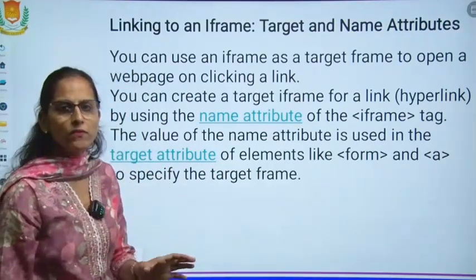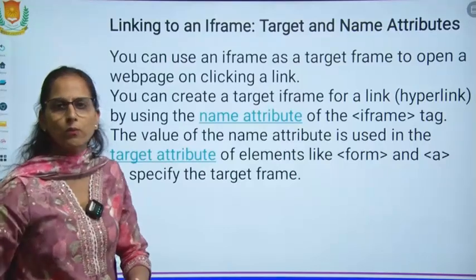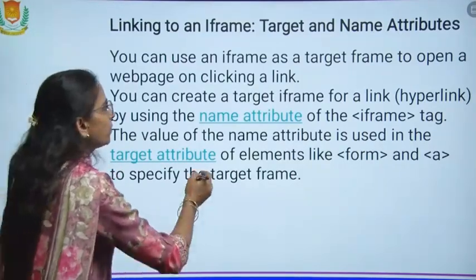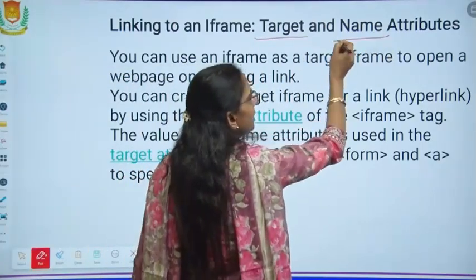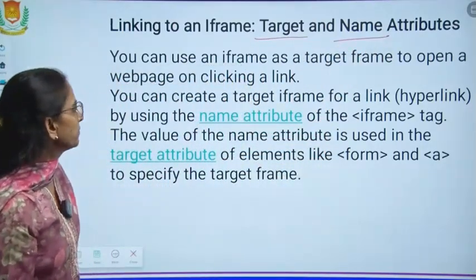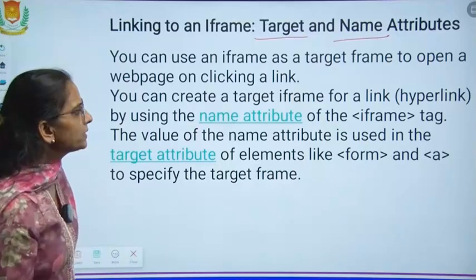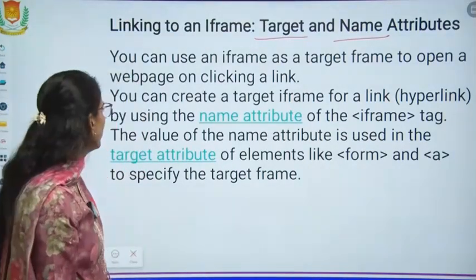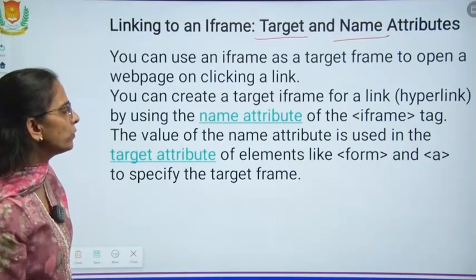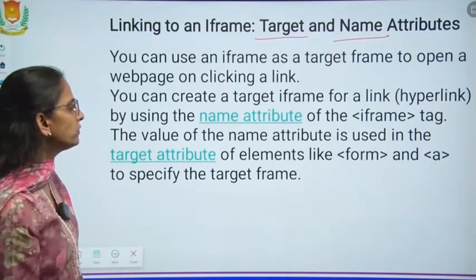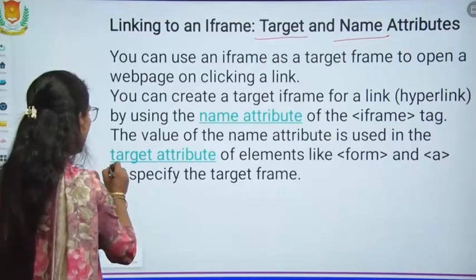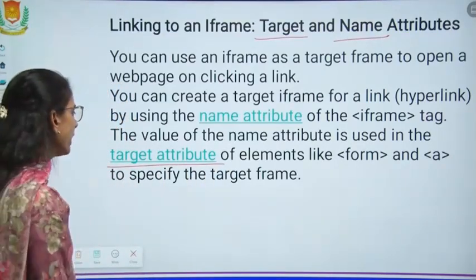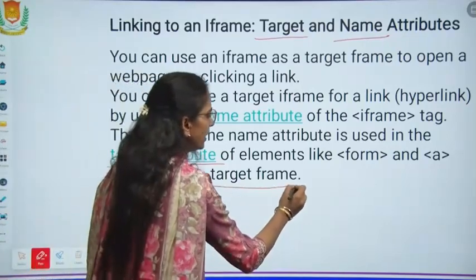Your iframe will be linked to another web page. How can you do this? You can do it with the help of the target and name attribute. You can use the iframe as a target frame to open a web page on clicking a link to it. By using the name attribute of the iframe tag, the value of the name attribute is used in the target attribute of elements like form and A to specify the target frame.